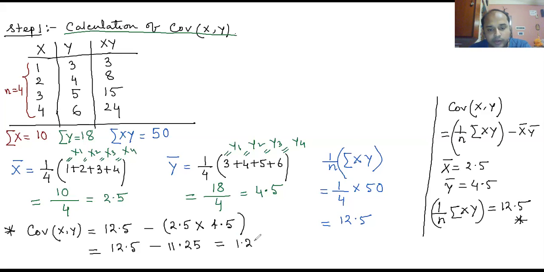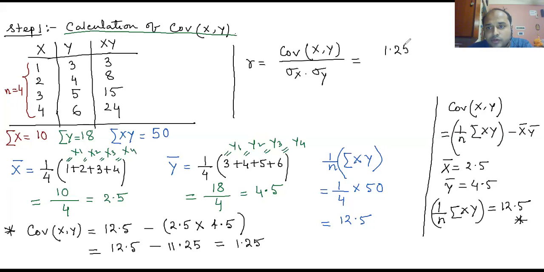The answer is 1.25. So what was the formula of correlation coefficient? It is covariance xy by sigma x into sigma y. We have got the numerator part, that is 1.25.